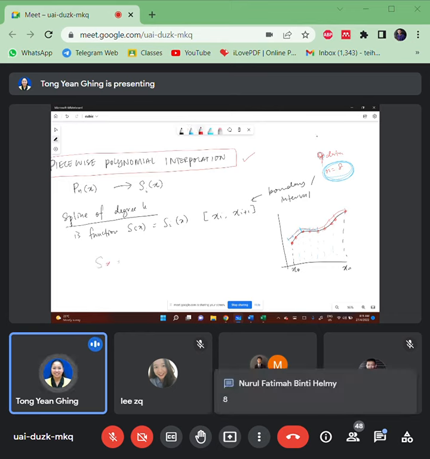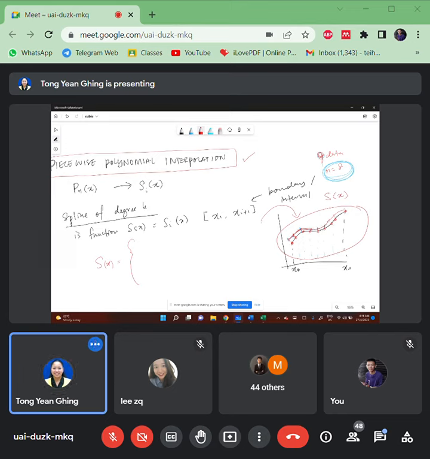Here, I will break up and separate the whole thing. This is f(x), and now I divide f(x) into a few segments based on the data points. Let's say n is 8, so I will have n minus 1 sub functions, meaning S0, S1, S2, S3, S4, S5, S6, S7.